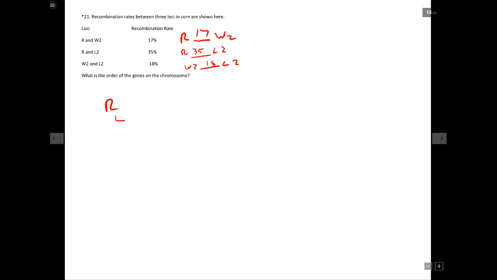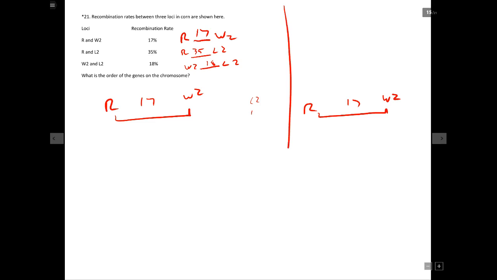So R W2 is 17. And then we'll write another possibility over here. R W2 is 17, and then R and L2 is 35. So L2 could be over here. So these are two different maps, they're not related.